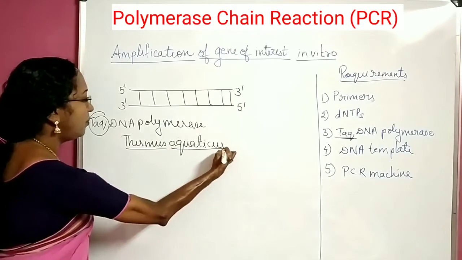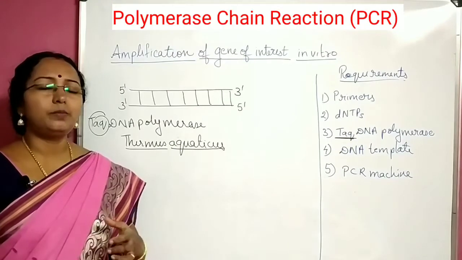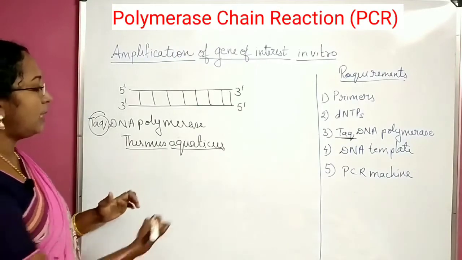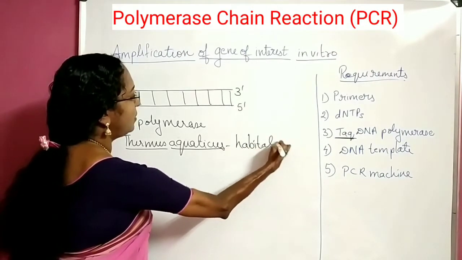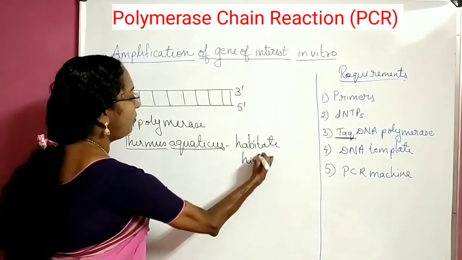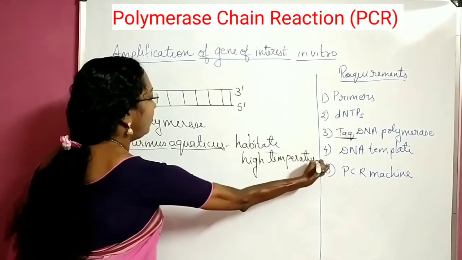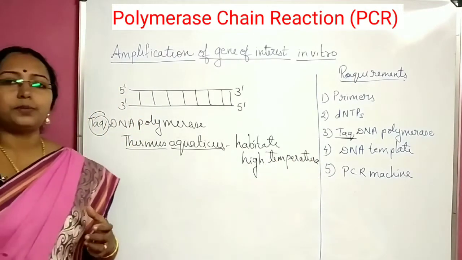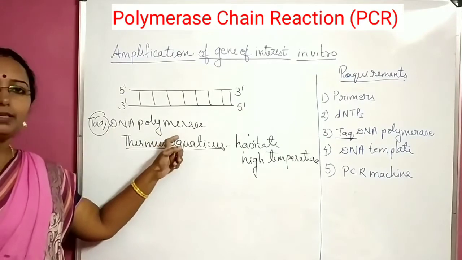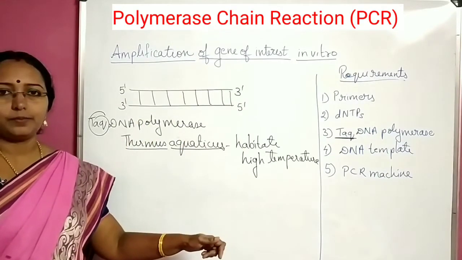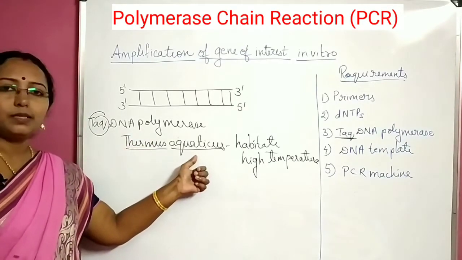This is the name of a bacterium that is present in inhospitable conditions because of high temperature. These bacteria inhabit areas having very, very high temperature. They are found in regions like hot springs, volcanic eruptions and all, where the temperature is very high. So their DNA polymerase can withstand this high temperature. So we have taken the DNA polymerase from this organism Thermus aquaticus.